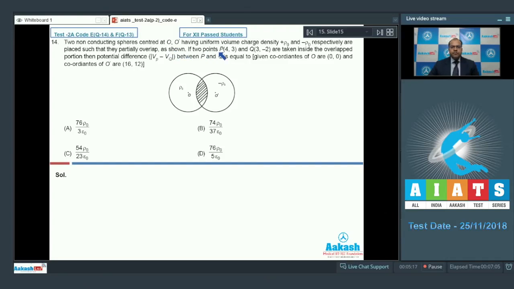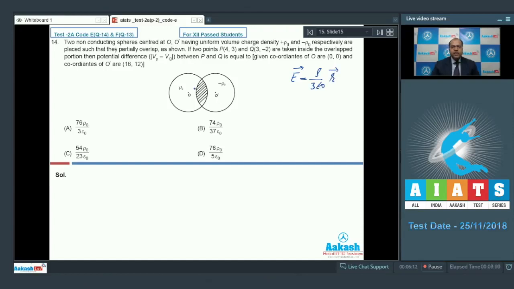If two points P and Q are taken inside the overlap portion, then the potential difference Vp minus Vq between P and Q is equal to, and the coordinates of point O are 0, 0 and coordinates of O' are 16, 12. So in case of a uniformly charged non-conducting sphere, the electric field at a distance r from the center is given as rho upon 3 epsilon naught into r vector.